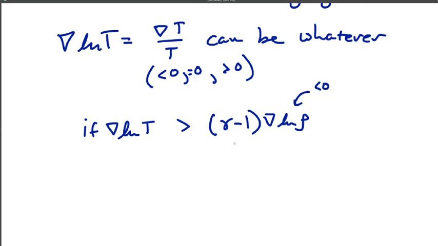If grad log T is greater than grad log rho, then the entropy gradient is positive.